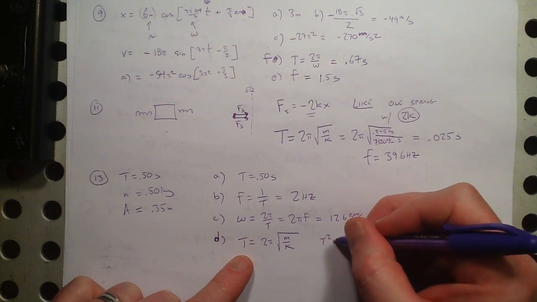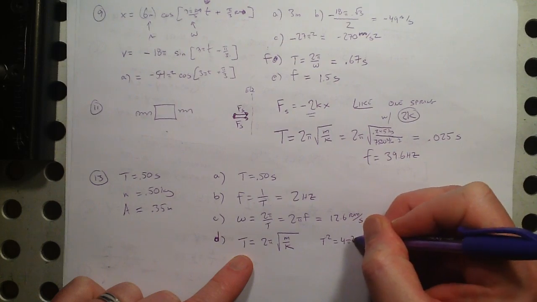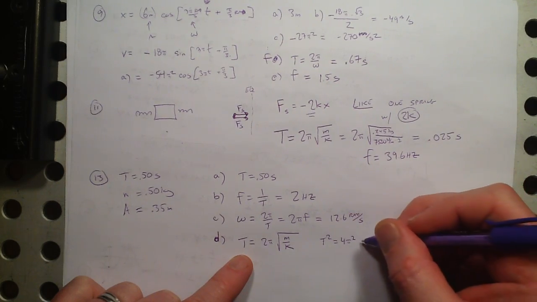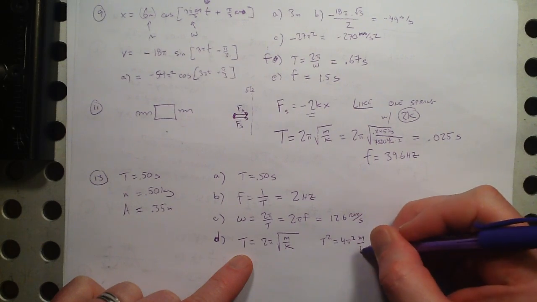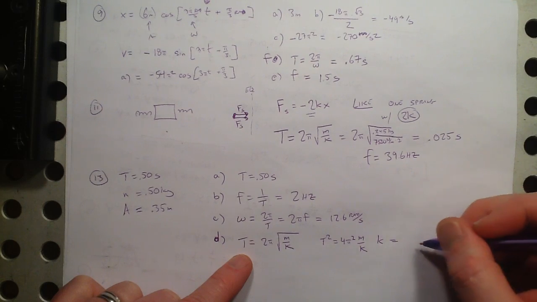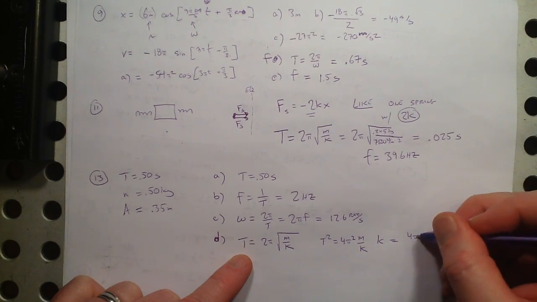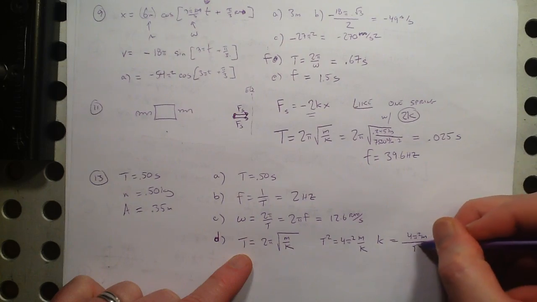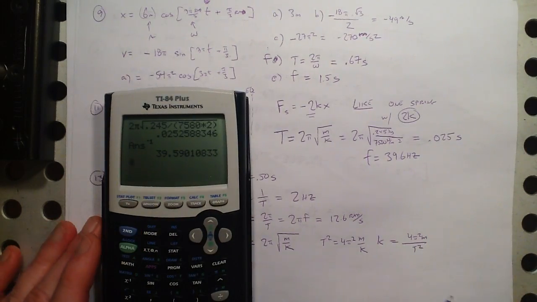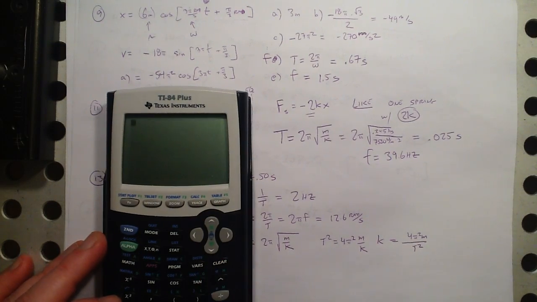Squaring both sides, look, there's another 4 pi squared, just like Kepler's third. m over k. So k would be equal to 4 pi squared m over T squared. Definitely not the kind of thing you would even remotely think about trying to memorize.